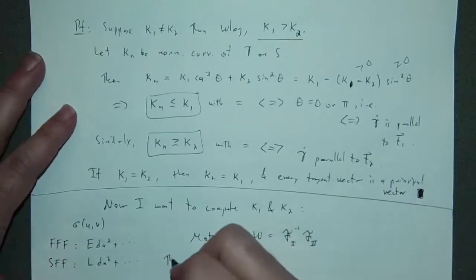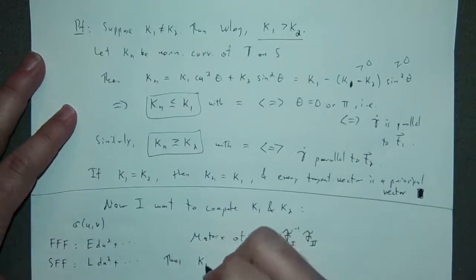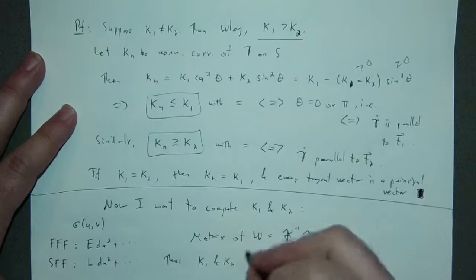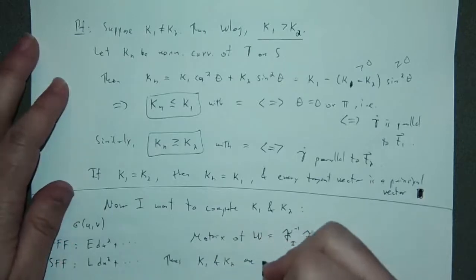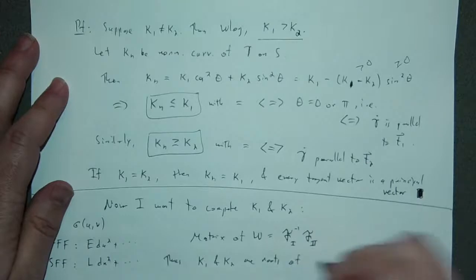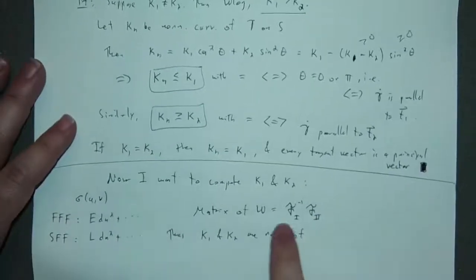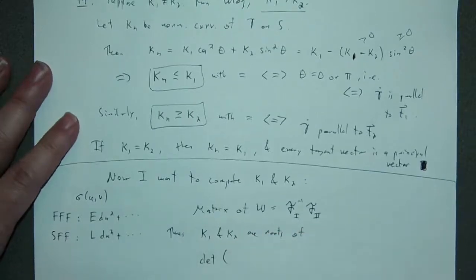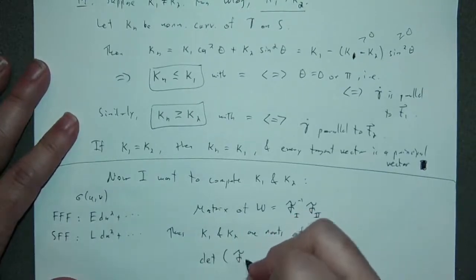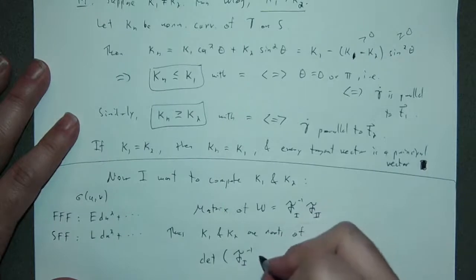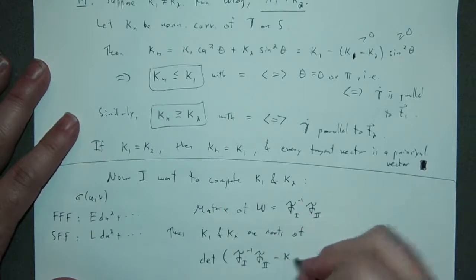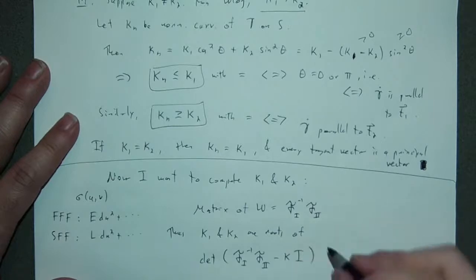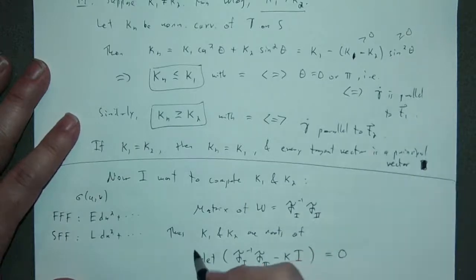Thus, kappa 1 and kappa 2 are roots of the characteristic polynomial, which for this matrix is the determinant of script F1 inverse script F2 minus kappa times the identity, equal to 0. So they are roots of this polynomial.